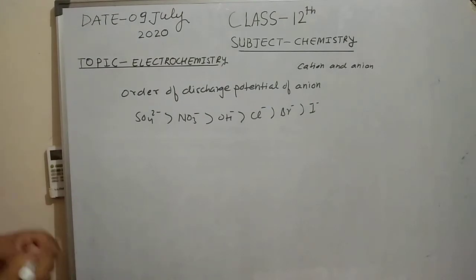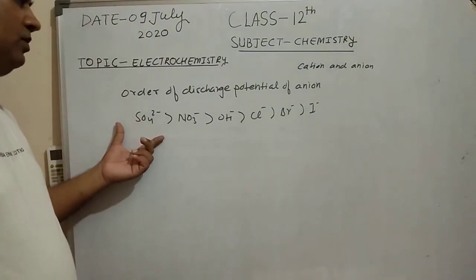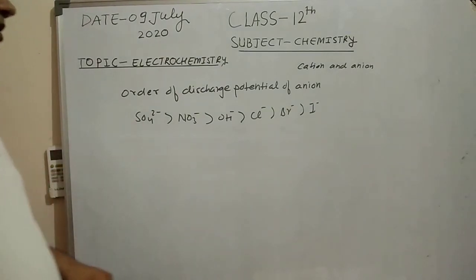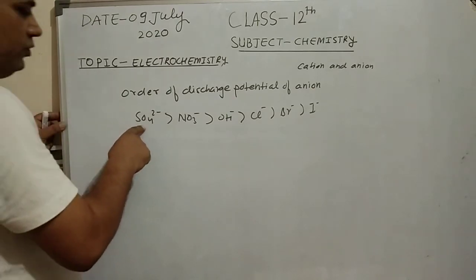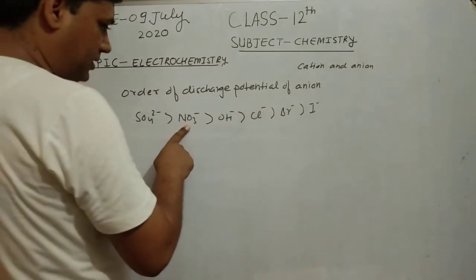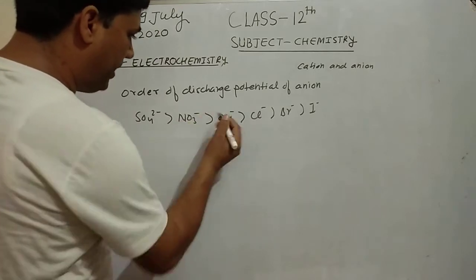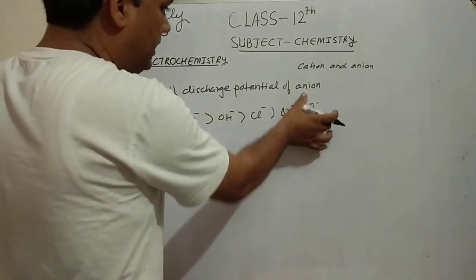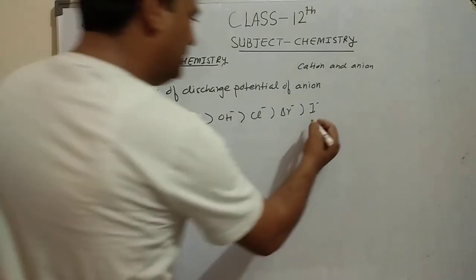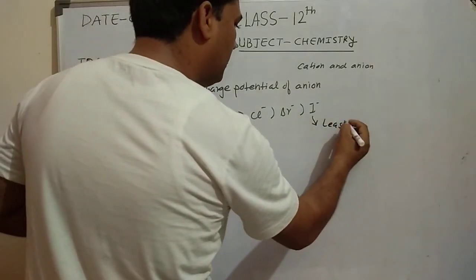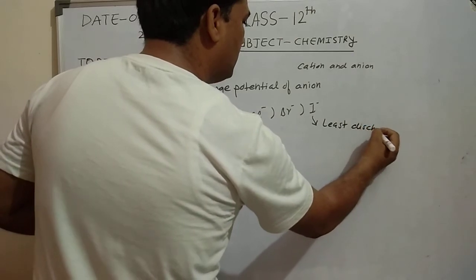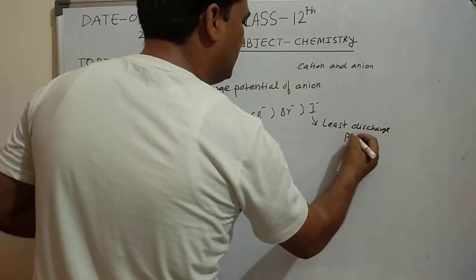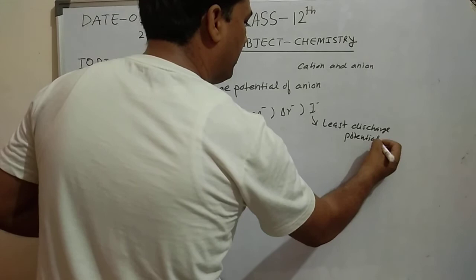So it is very important to understand the order of discharge potential of anions. SO4 2- is greater than NO3-, greater than OH-, greater than Cl-, greater than Br-, greater than I-. So the least discharge potential is for I-.